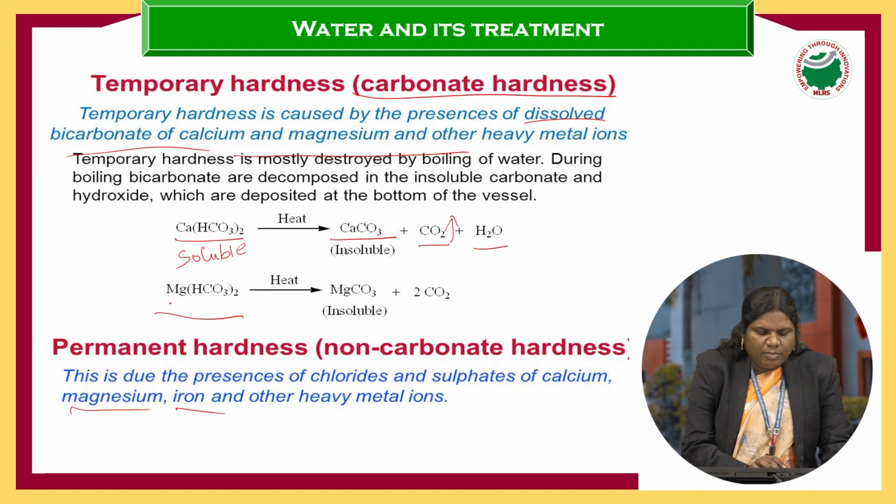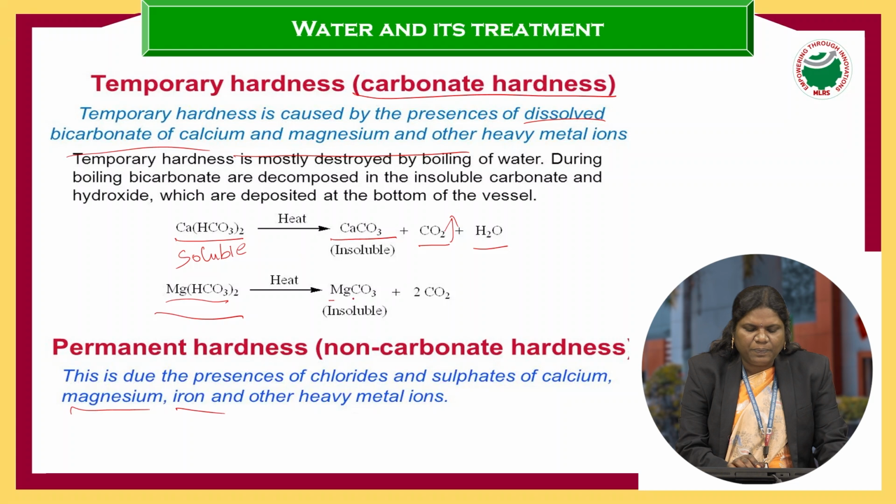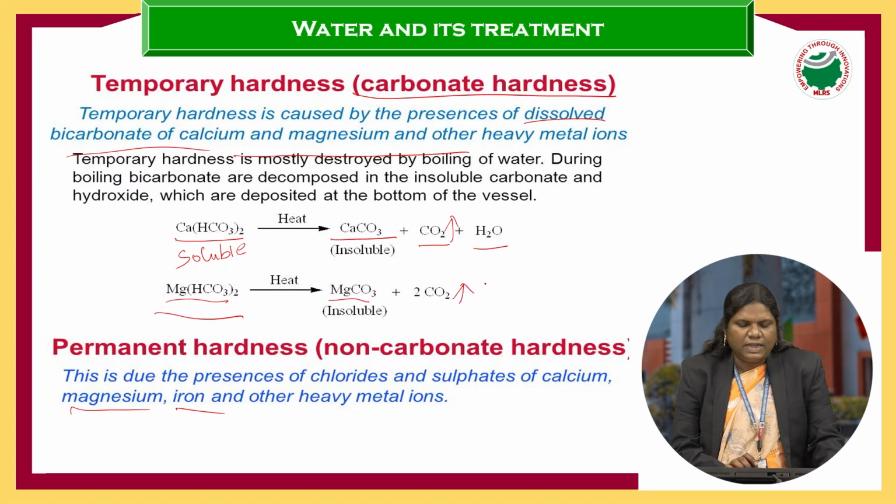Like that, the magnesium bicarbonate, when heated, will be converted into magnesium carbonate along with the release of carbon dioxide gas. This is how the temporary hardness causing salts like bicarbonates of calcium and magnesium can be removed by boiling.